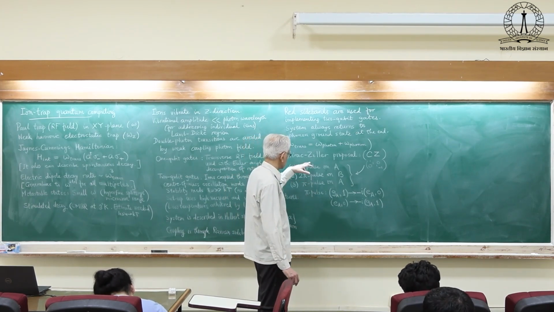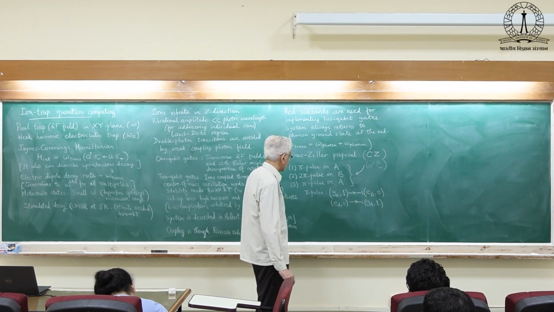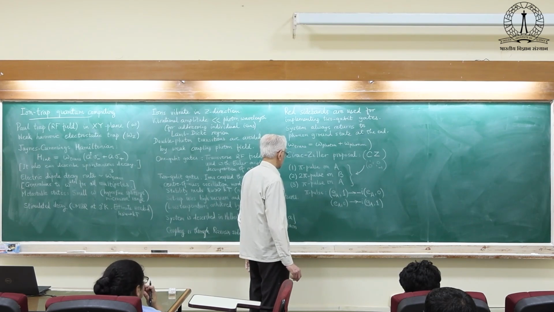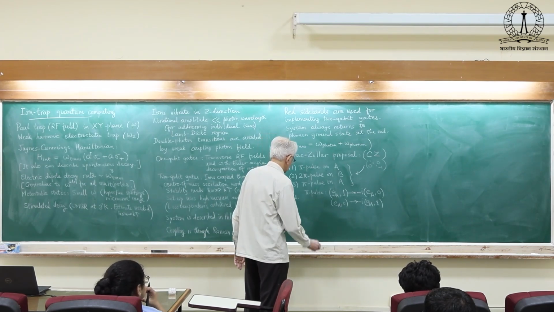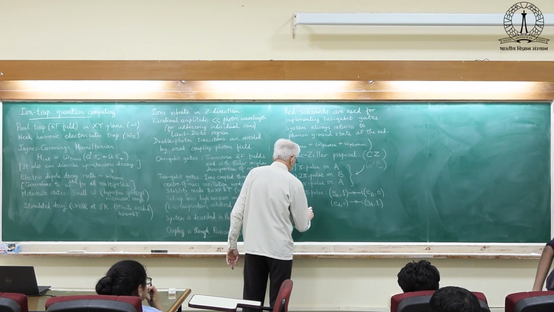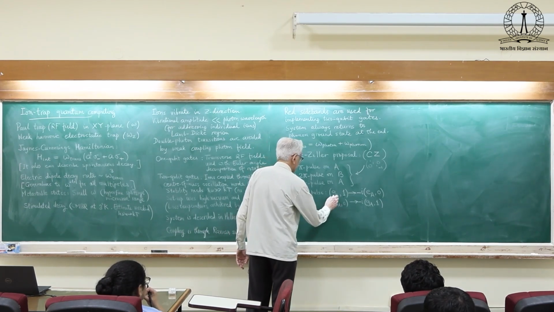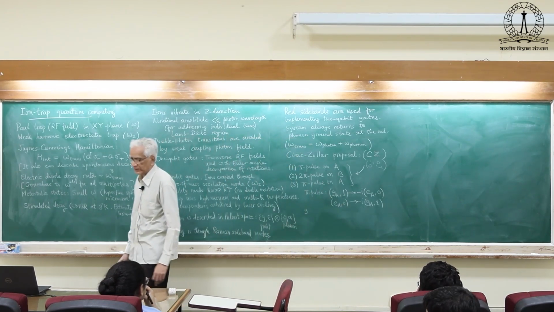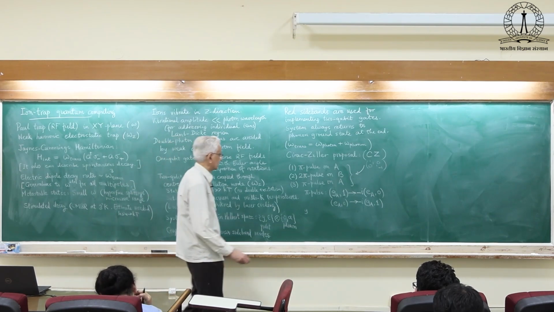And now I can write down the result of these three operations. It is better to write it as a table, and I will omit this A and B just by a simple order.